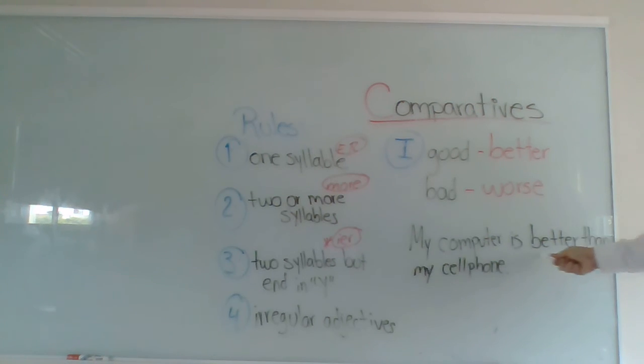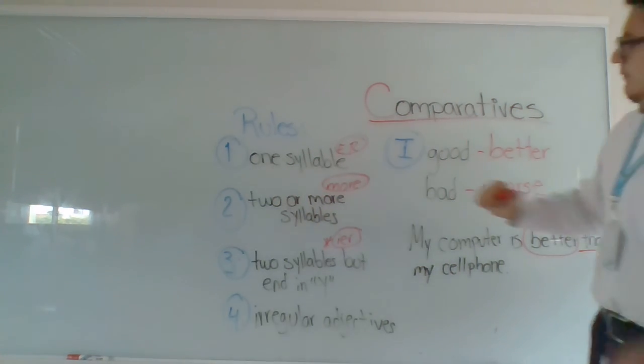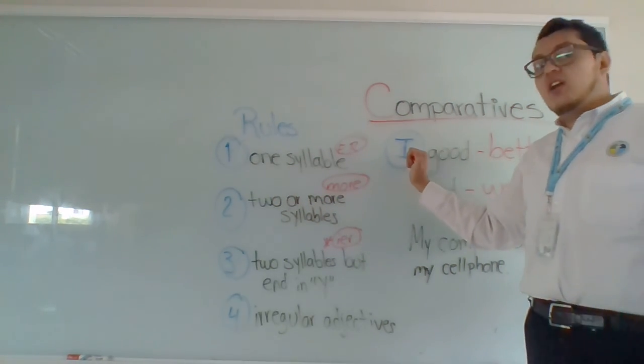My computer is better than my cell phone. So the comparative is better, and don't forget than. So remember, the irregulars don't follow any rules.